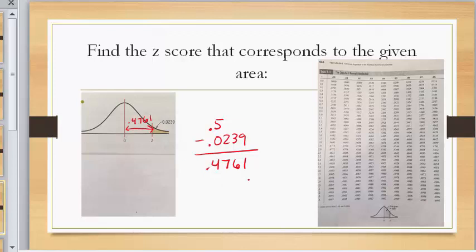Okay, so now I'm going to go to my table and I'm going to look for the .4761. All right, so you can see that that is right about here. Now I'm going to go to my paper table and look it up. .4761 is going to be a z-score of 1.9 coming across.